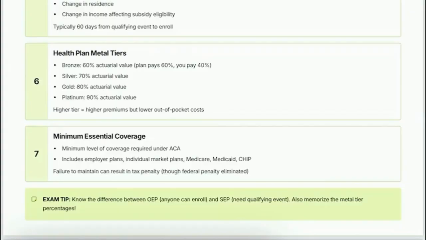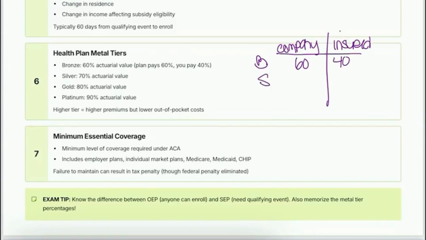And the number on the right is how much the customer pays. So company and insured. So if it was bronze, 60-40. Silver, 70-30. Gold, 80-20. Platinum, 90-10.